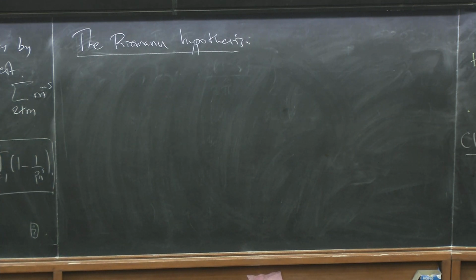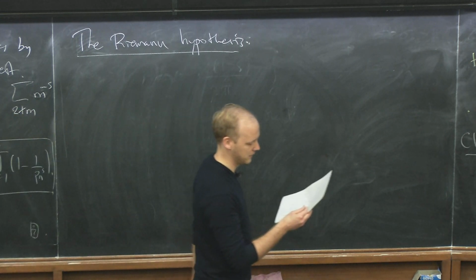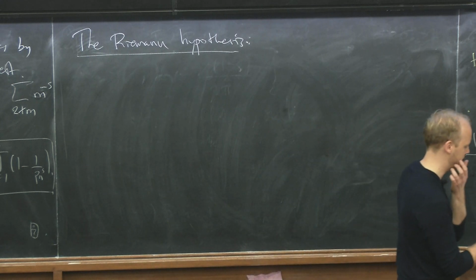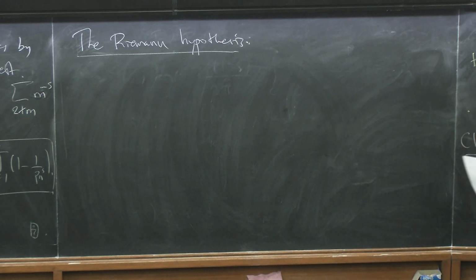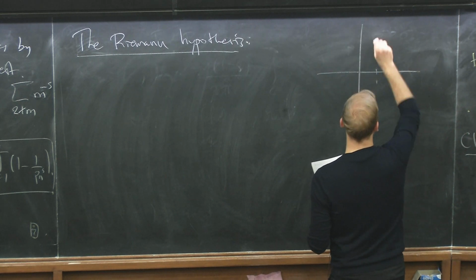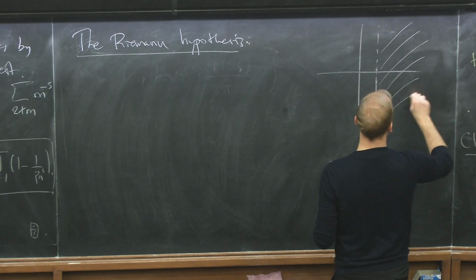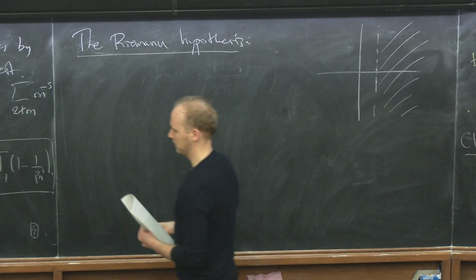By the product development, by what we just did, if you go back and think about this very rushed presentation, you can see that this zeta function has no zeros in this part of the plane. So if the real part of s is greater than 1, there are no zeros, okay?